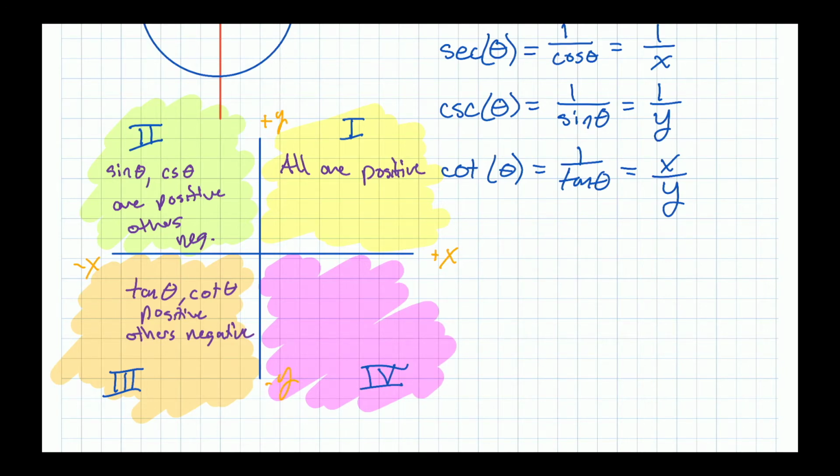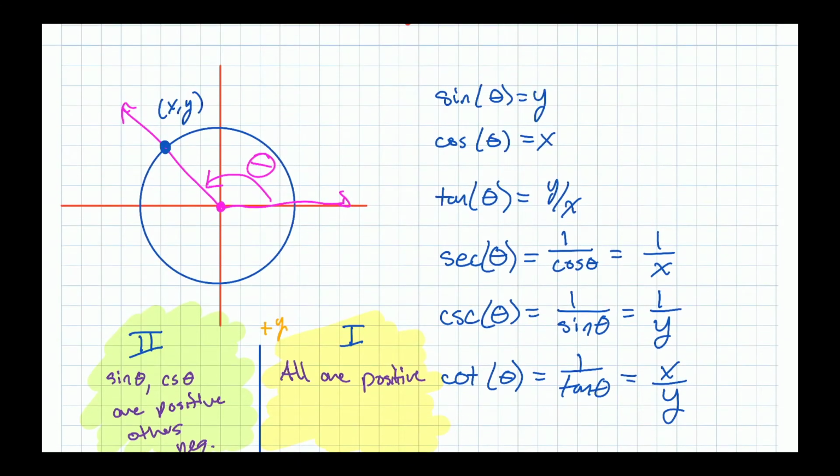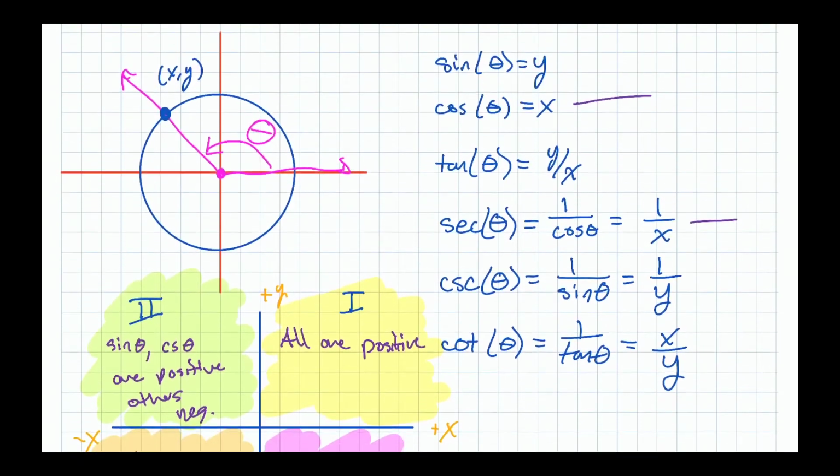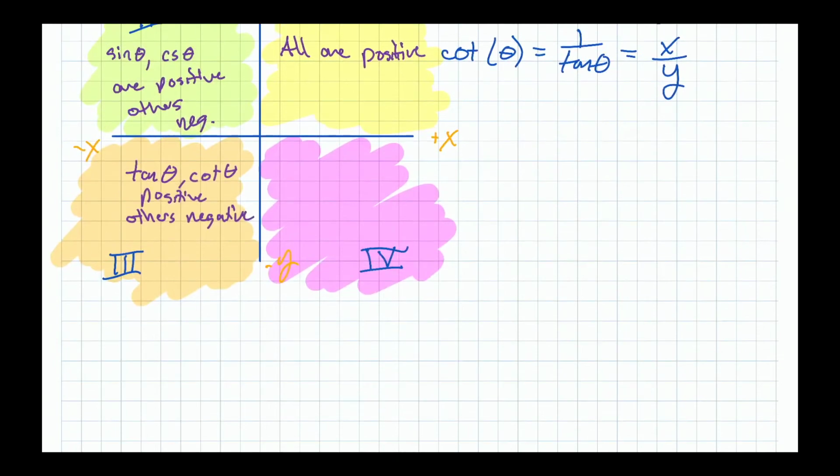So if x is positive and y is negative, then cosine is positive, but tangent's negative, secant's positive, cosecant's negative, cotangent's negative. So just cosine and secant. So cosine theta, secant theta, positive. Others, negative. All right, and there we go.